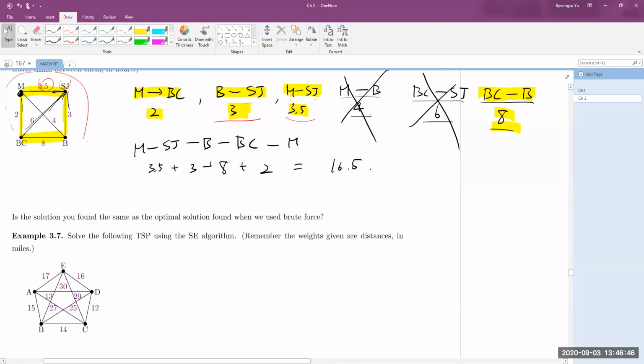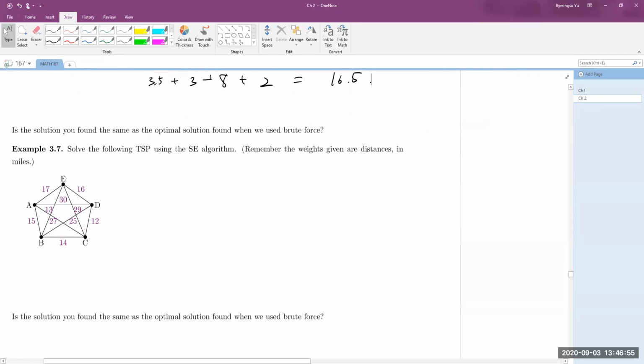Again, this is heuristic, so it may not be an optimal solution, right? Maybe we can see an example where this is not an optimal solution.